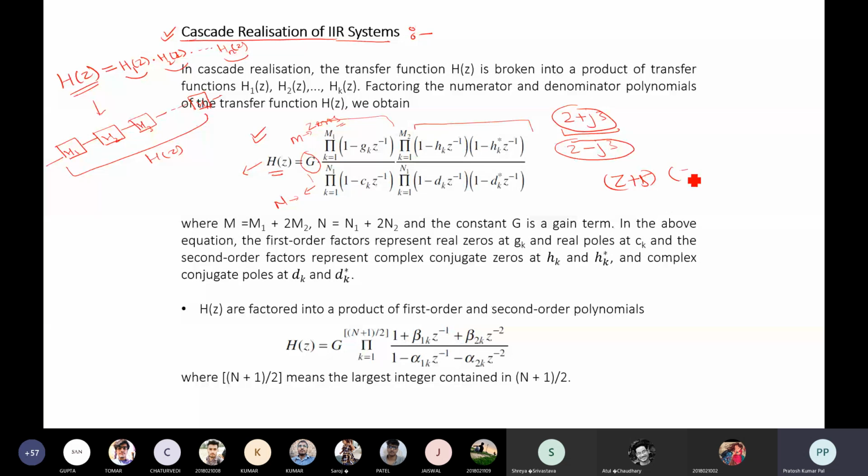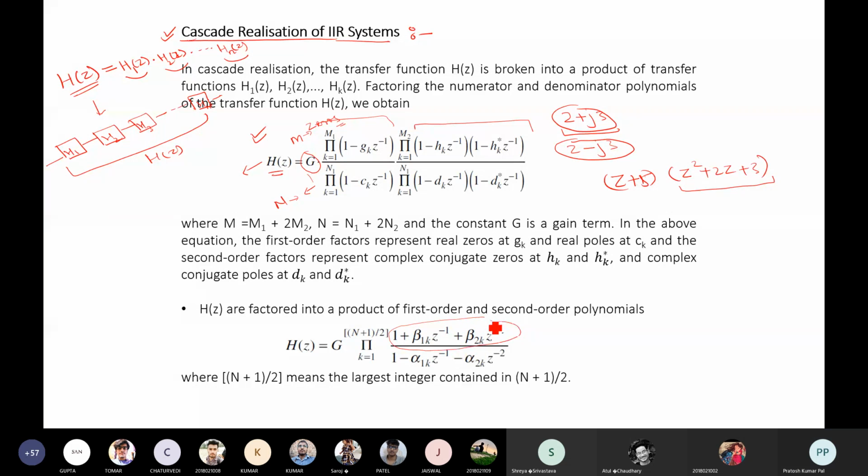If it is of the type z square plus 2z plus 3, suppose this is another factor, then we will make it in the form of 1 plus beta, and whatever this function will be there.